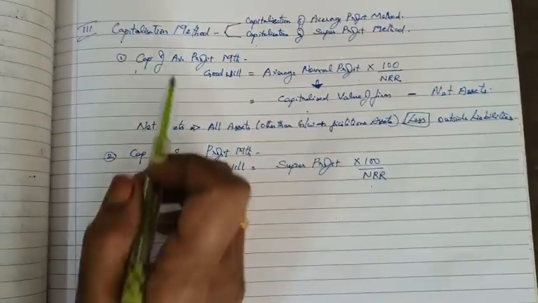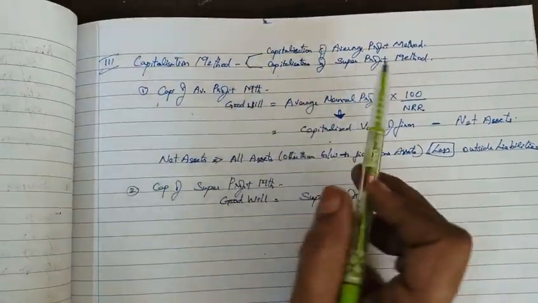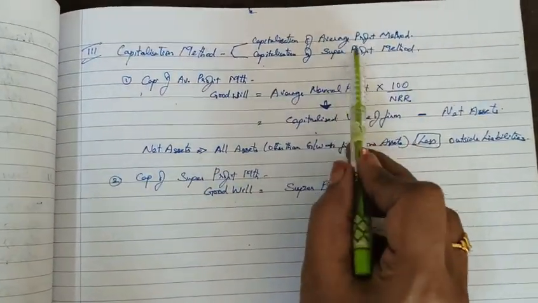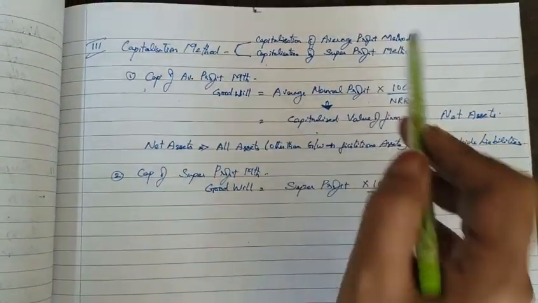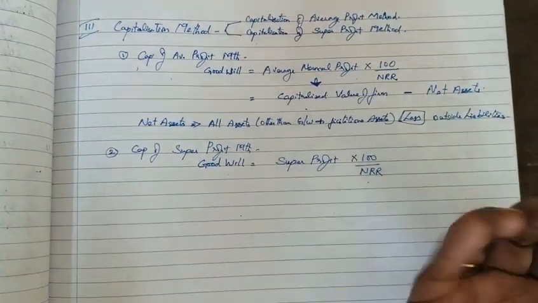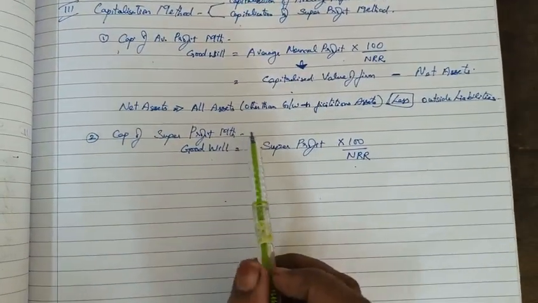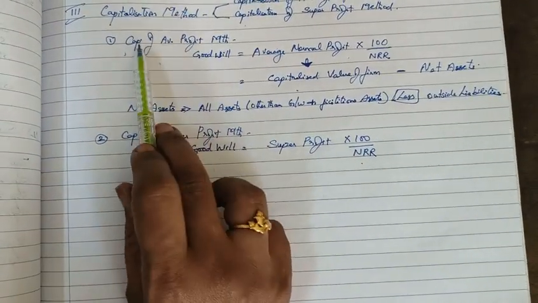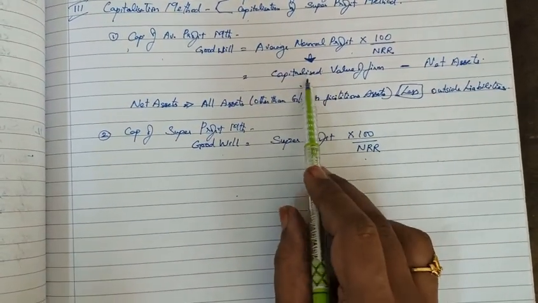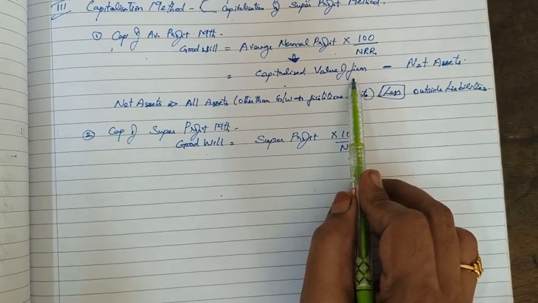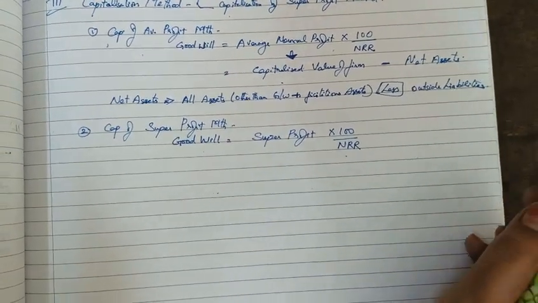Okay, next is such an easy thing, that is capitalization of average profit method or capitalization of super profit method. This is the next thing. Anything you can do it. So what is the simple answer? Goodwill under capitalization of average profit method: capitalized value you have to find out minus your net asset.